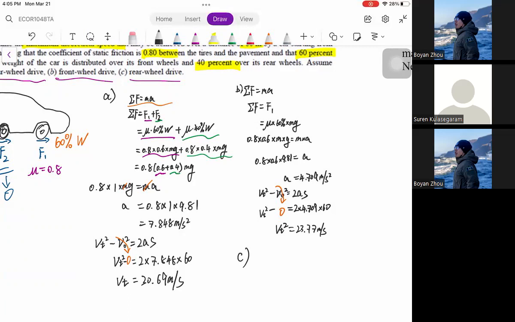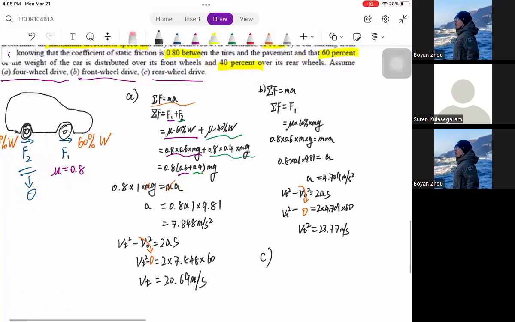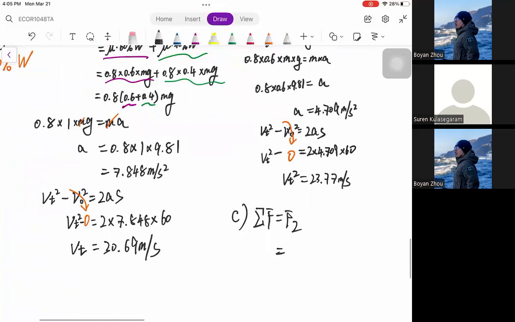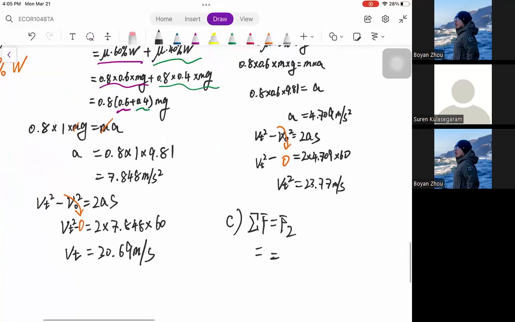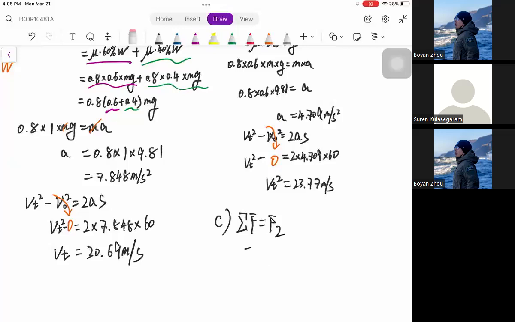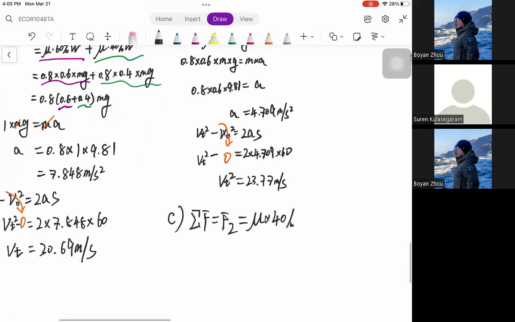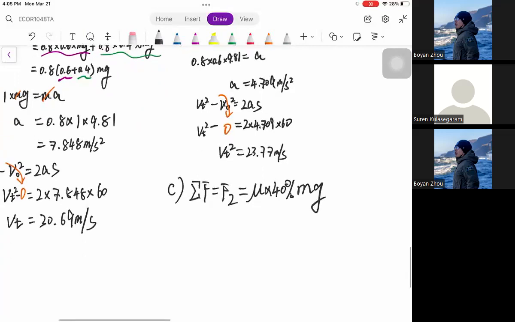Okay, so part C, when the car is a rear-wheel drive, so only the rear wheel can provide some power. The resultant force in this case is just going to be F2. F2 is going to be equal to the friction coefficient times 40% of the weight of the vehicle, and is equal to ma.